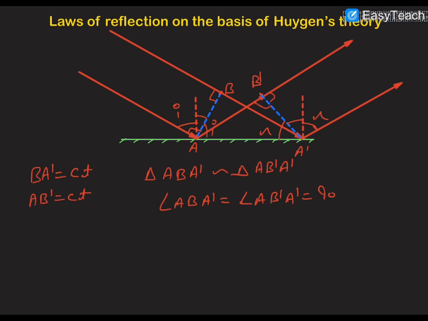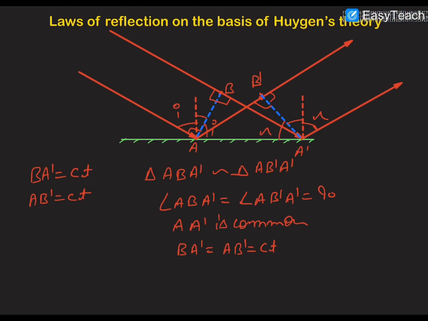This angle is 90 degrees, this is 90, and AA dash is the common side, as well as we can say that the side BA dash is equal to AB dash, and they are equal to ct.